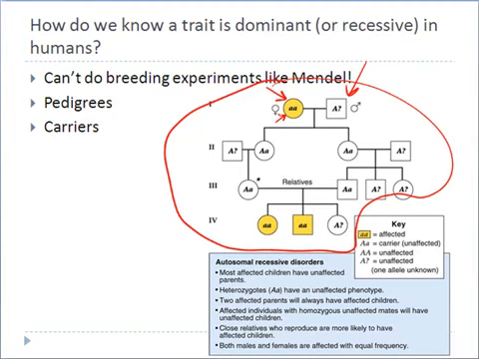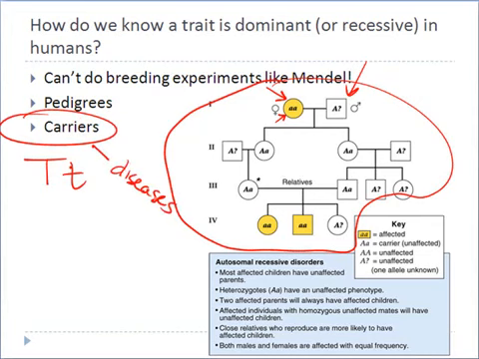Now, when we are talking about diseases in particular, you will sometimes hear the term carrier mentioned. A carrier is a heterozygote, but this term is only used when we refer to diseases. Okay, I can't look at somebody and know that they're a carrier. I can't just look at a person in class and say, oh, you have the recessive allele for this disease.